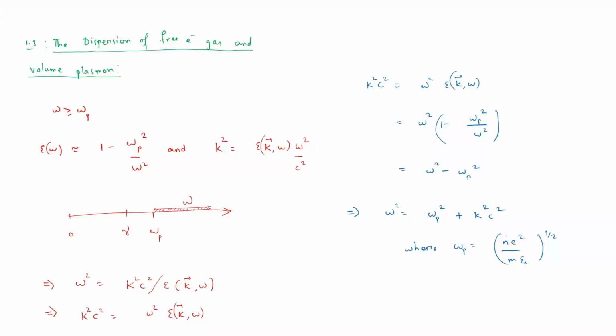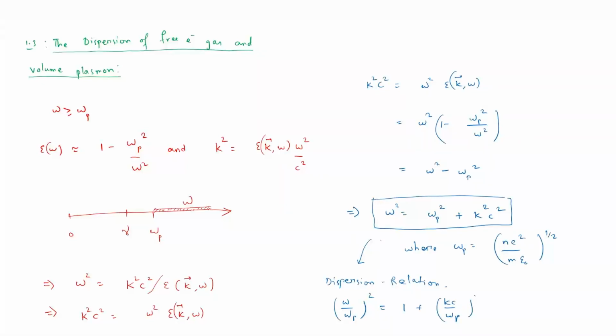K is the wave vector, omega is the frequency, and what we obtain here is called the dispersion relation. We can simplify and write it as omega over omega p whole square, just to make it non-dimensional, equals 1 plus kc over omega p whole square.